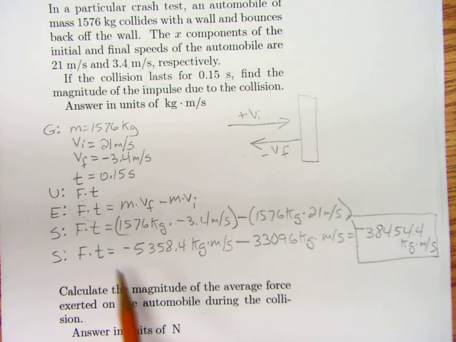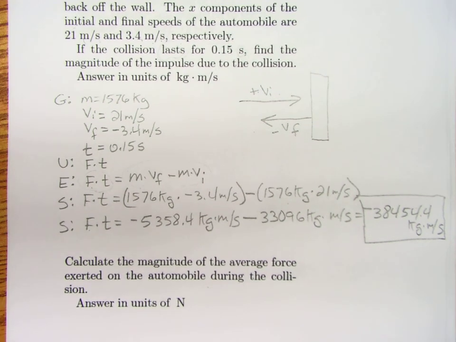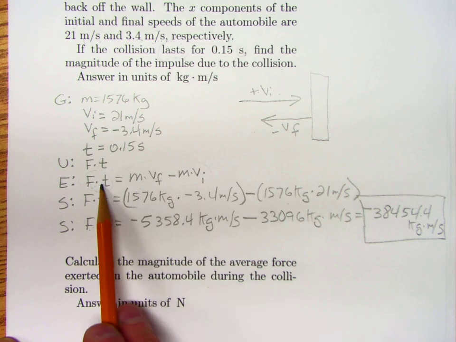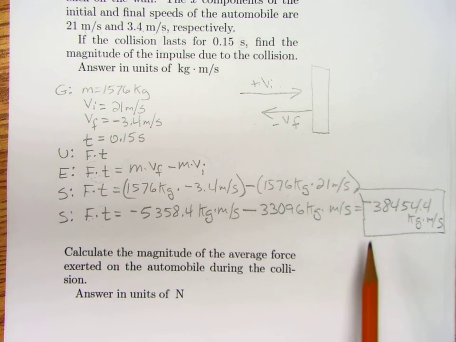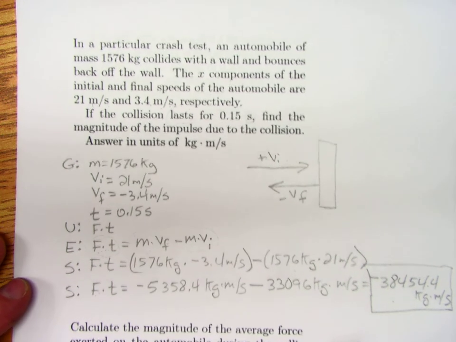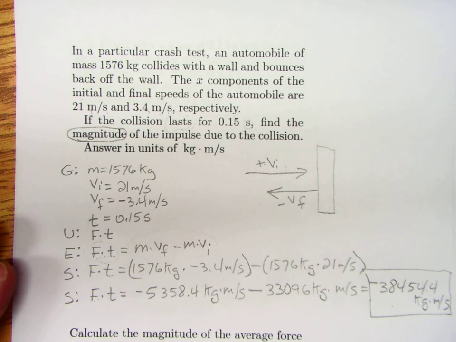Sometimes you'll see that F times T is written as an I for impulse. Some books you see that, some you don't. So I'm just writing it this way so that we can see there's two formulas or two relationships that are equal to each other. Okay, so this is our answer for the first part, but let me point out to you that this says magnitude. Magnitude is the strength of the vector, not the direction.